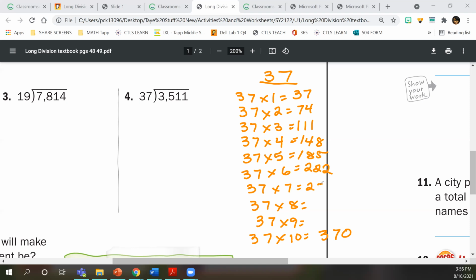Very good, 259. 259 plus 37. Close. 296, very good. All right, and 296 plus 37. We're already past 296, so plus another 37. 333. We're not guessing, guys. We're doing the math on your paper. All right. So good job, guys.